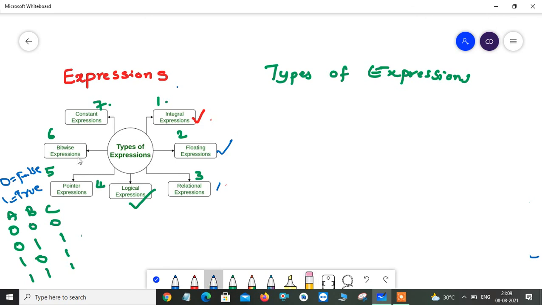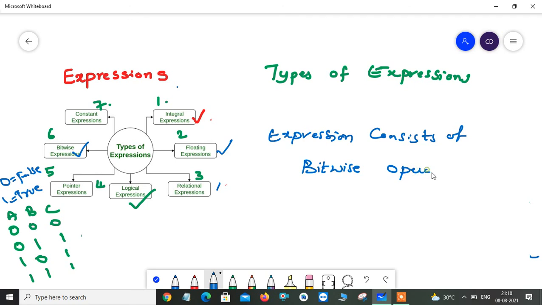And the next one is bitwise expression. Your logical expressions and bitwise expressions are somewhat similar. Bitwise expressions are nothing but expressions consisting of bitwise operators. The bitwise operators are bitwise AND, bitwise OR, exclusive OR, shift left, shift right, all this.